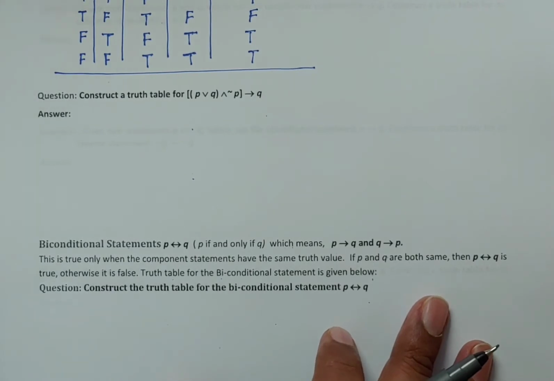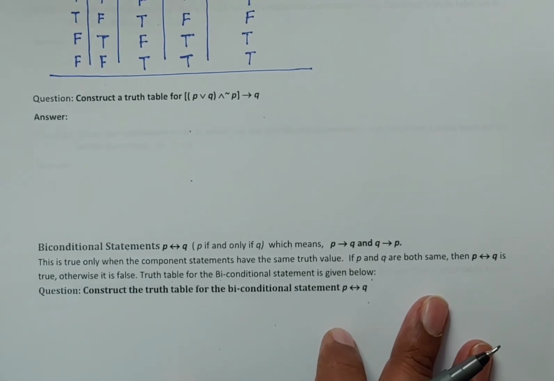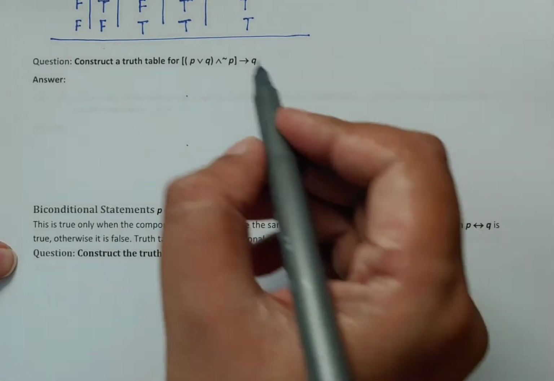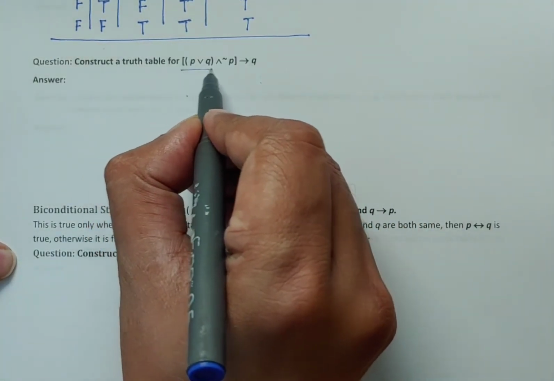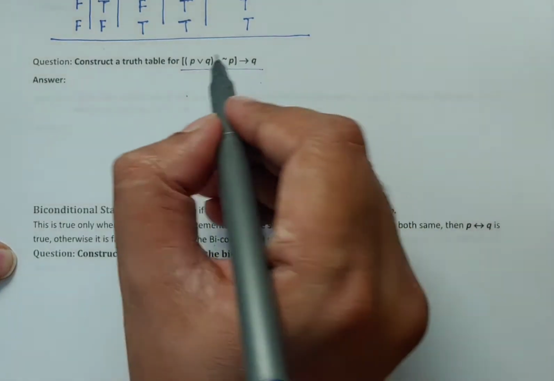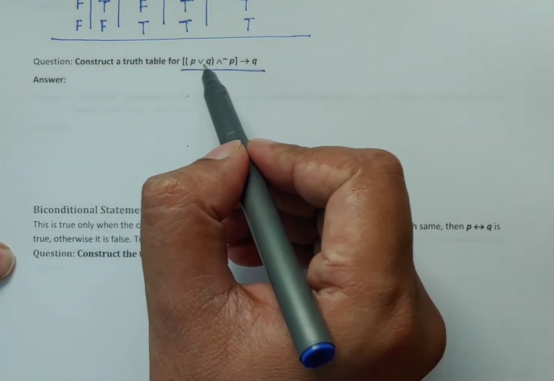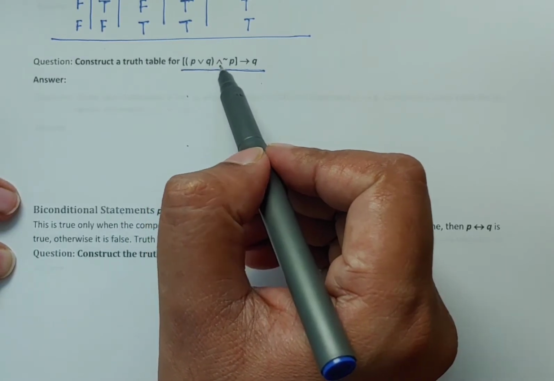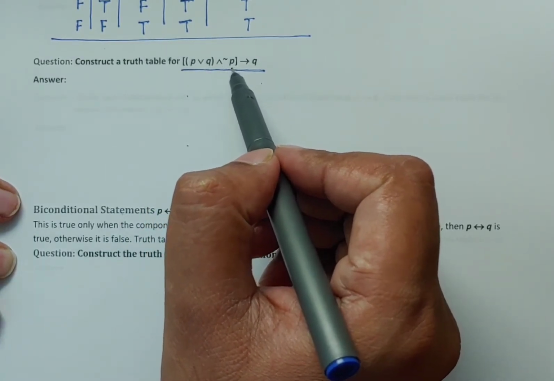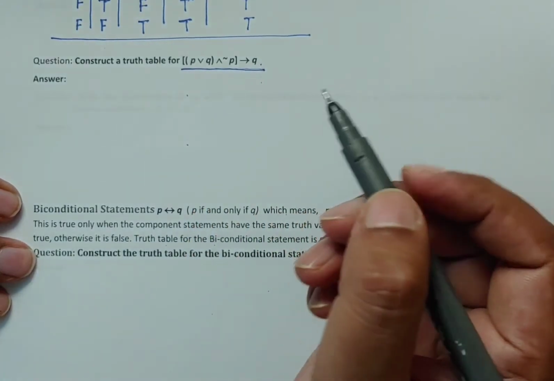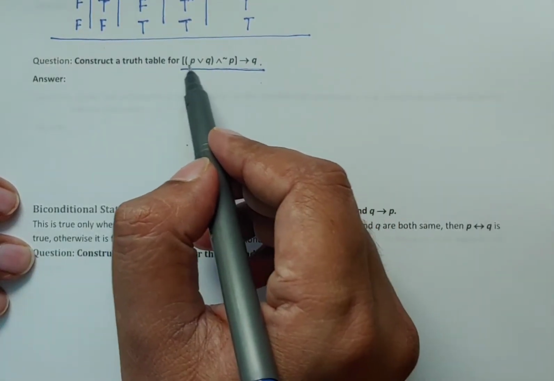The next question is to construct a truth table for this statement: P or Q, and negation of P, and that whole thing implies Q. We have two statements, P and Q here.